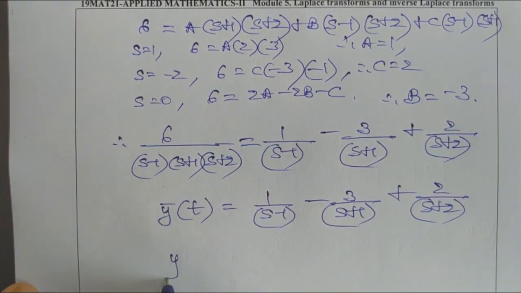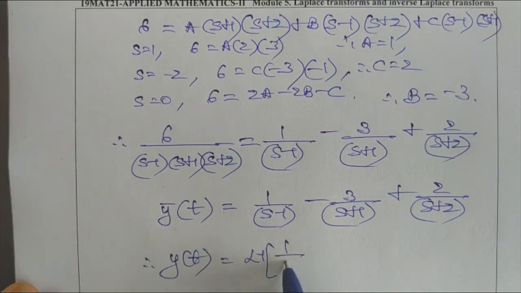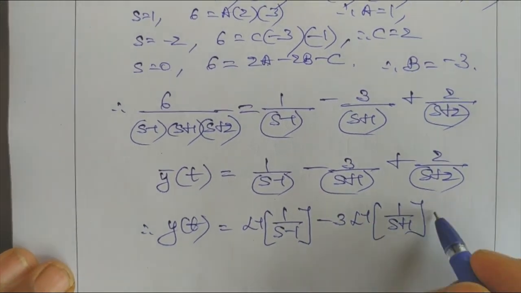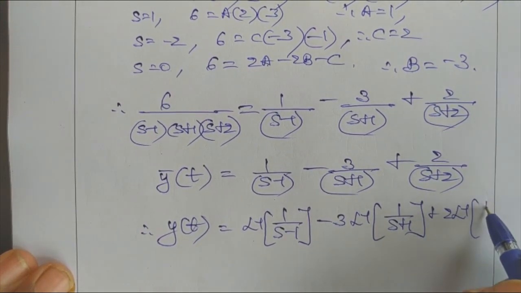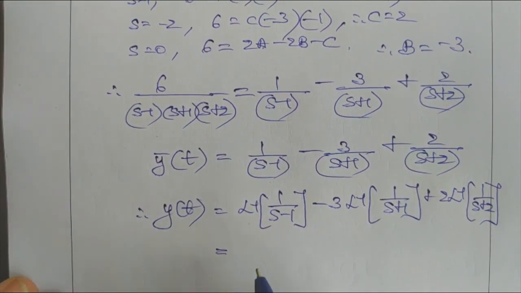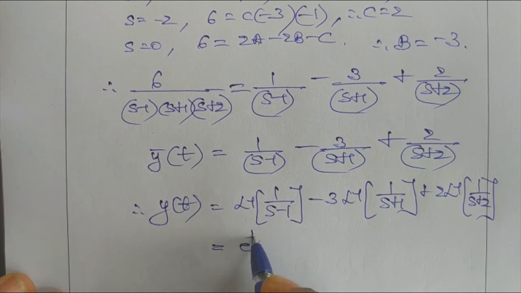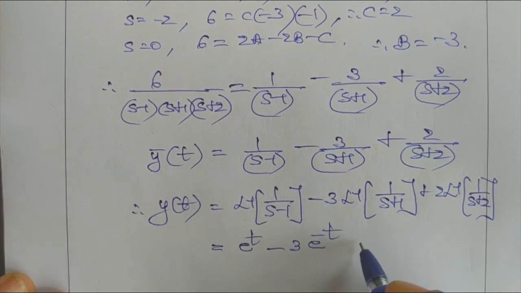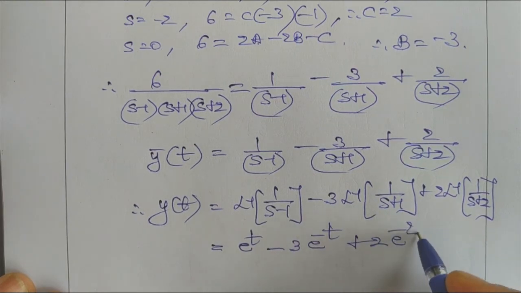Now y of t is equal to L inverse of 1 divided by s minus 1 minus 3 into L inverse of 1 divided by s plus 1 plus 2 into L inverse of 1 divided by s plus 2. So this can be written as e to the power of t minus 3 into e to the power of minus t, plus 2 into e to the power of minus 2t.